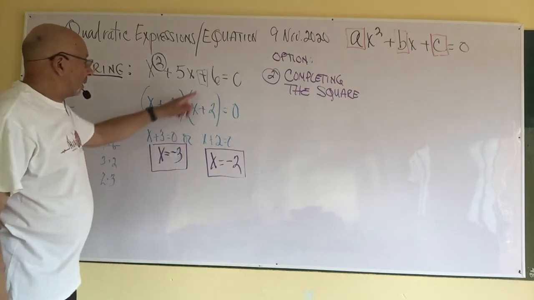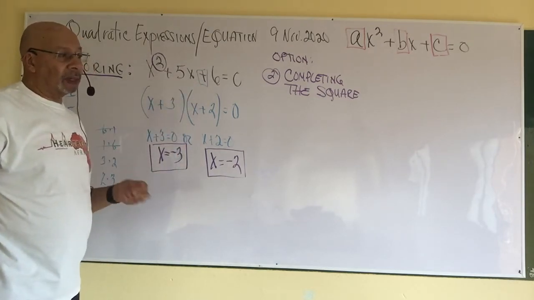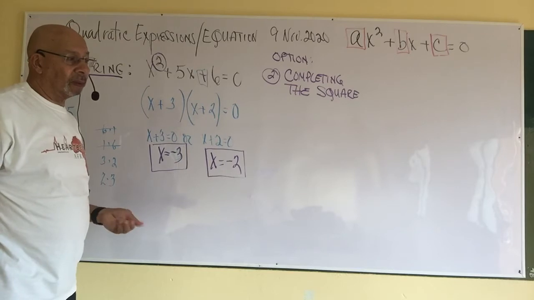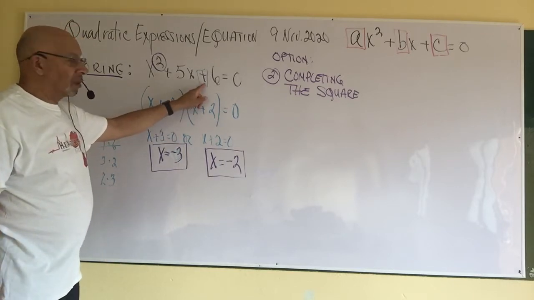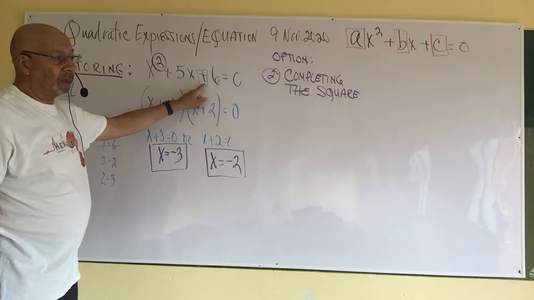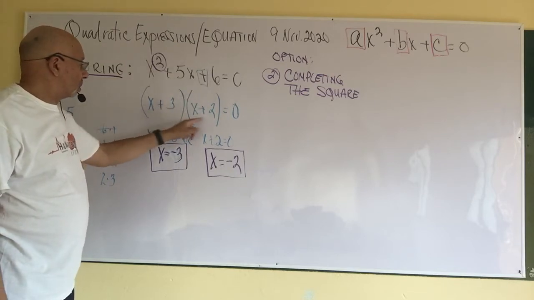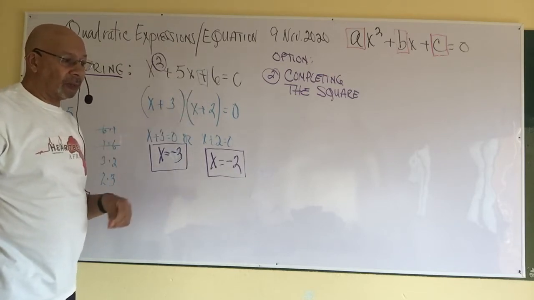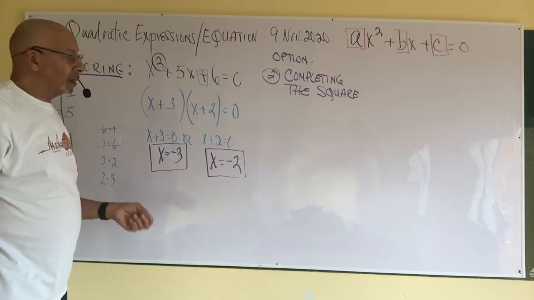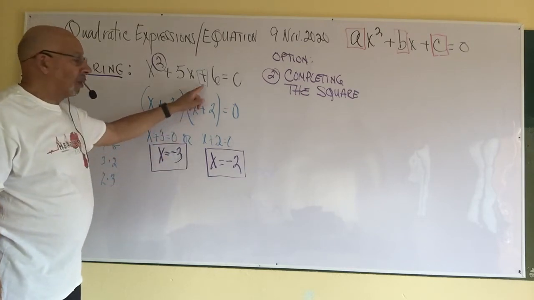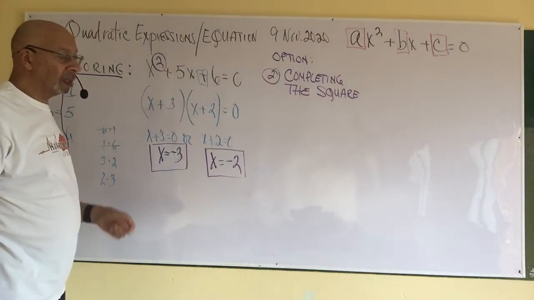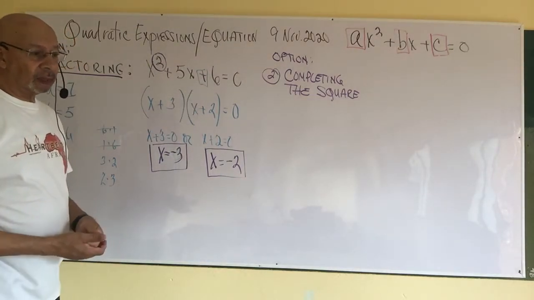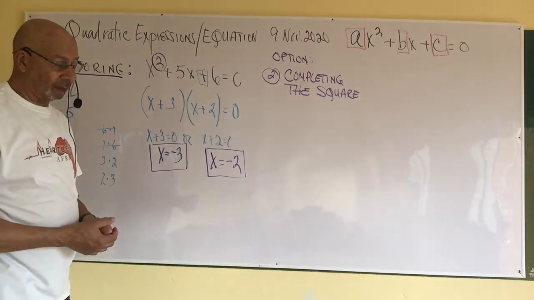Then I look at my signs, because the signs are like signs on a highway or street signs. They tell you things. The last sign is the first one I look at, because it tells me whether or not these two signs are the same or different. In this case, I know they're the same because the only way you can end up with a positive is to have either two negatives or two positives.